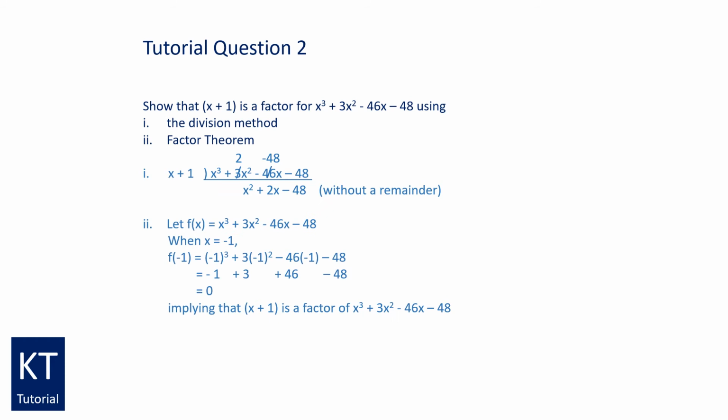As with factor theorem, you would take the x value, which is -1, and insert it into the fx equation and solve for fx. This leads to fx being 0, implying directly that x plus 1 is a factor of the cubic polynomial.